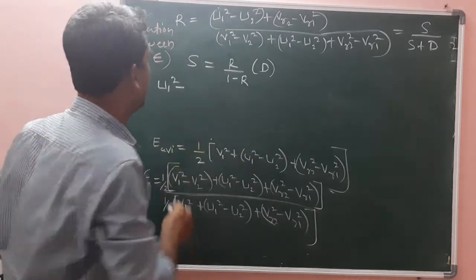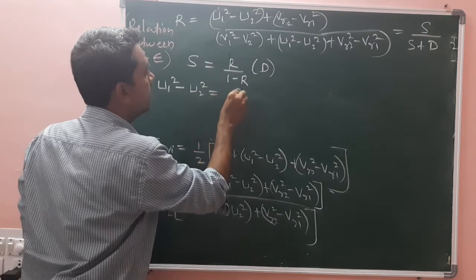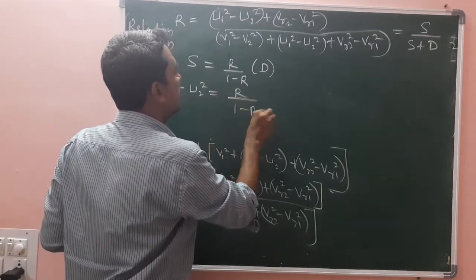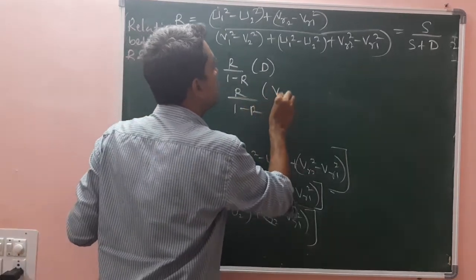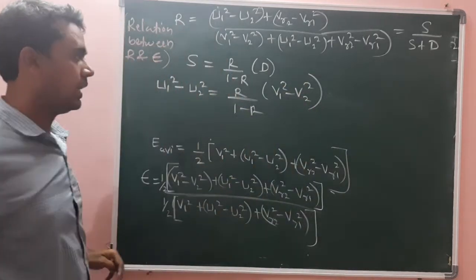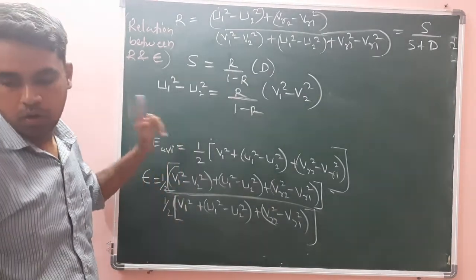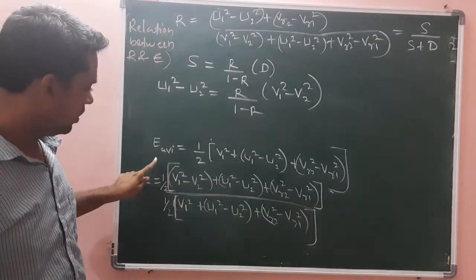Static component is R divided by 1 minus R into dynamic component, which is p1 square minus p2 square. In the previous lecture video you can refer to what is the static component and what is the dynamic component.